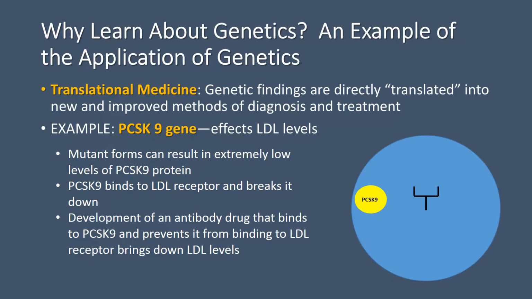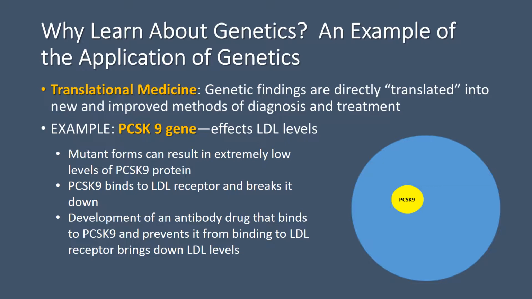Then this protein, PCSK9, can bind to the receptor and degrade the receptor. Mutated forms of this protein can lead to the receptors being broken down too frequently, so there are not enough receptors on the surface of the cell to bind the LDL, and so again you'll have high cholesterol levels.